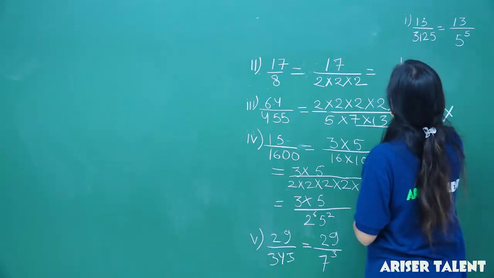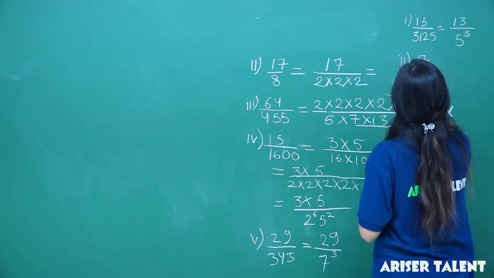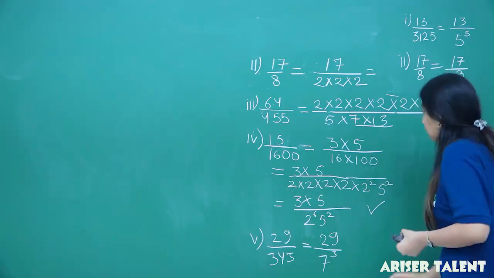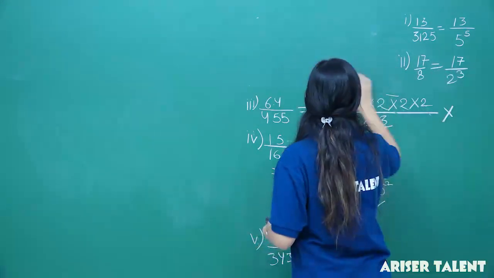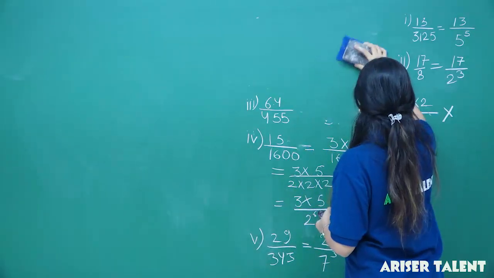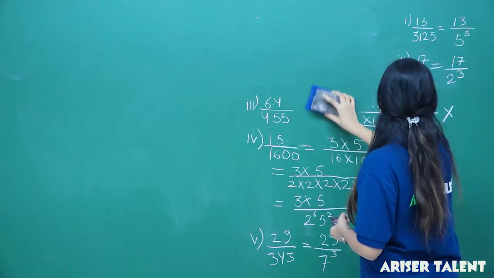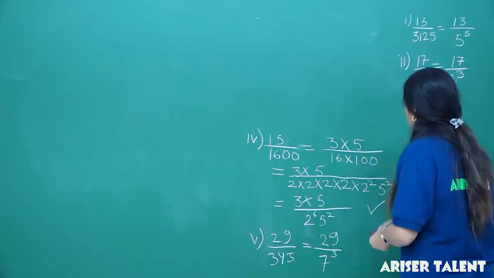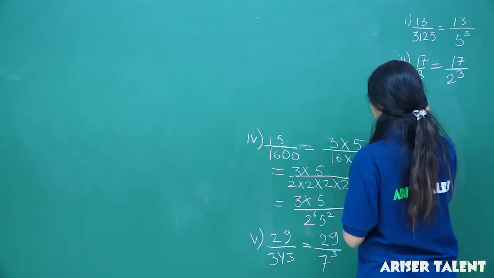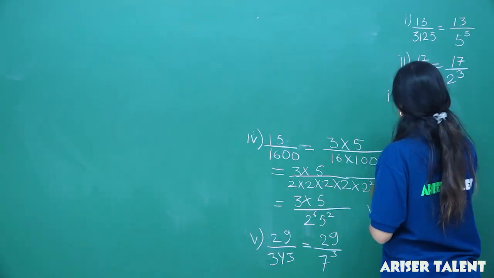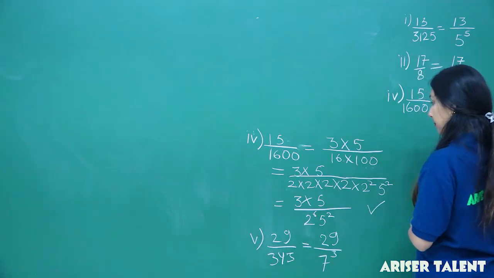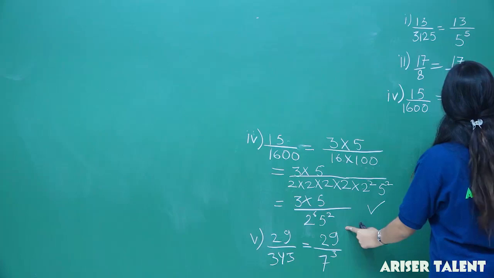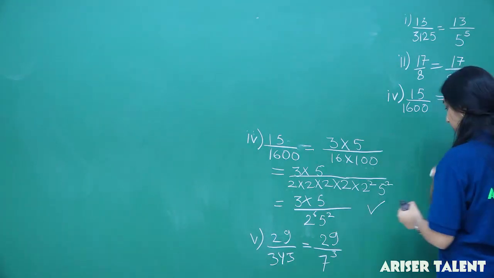The second one, that will be 17 by 3 raised to power 3. Okay. Then the fourth one, 15 divided by 1600, that's nothing but 3 multiplied by 2 raised to power 6 and 5 raised to power 2.